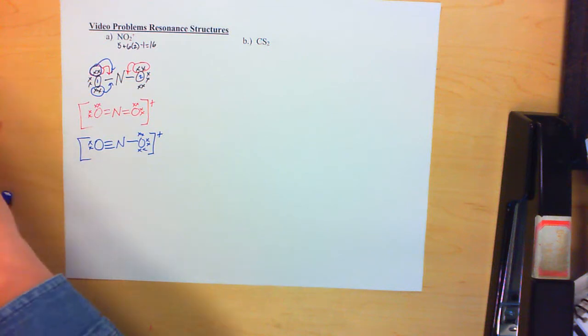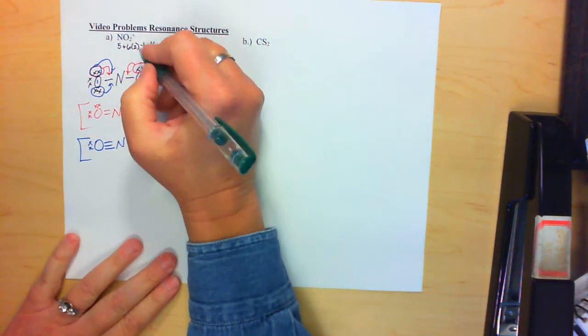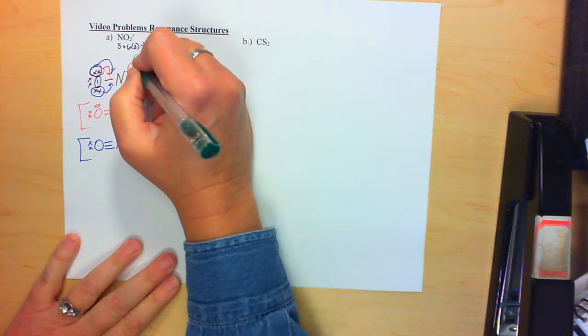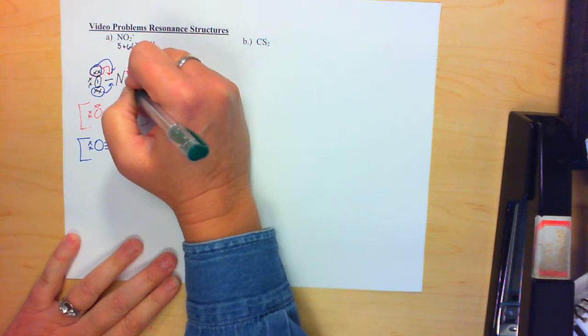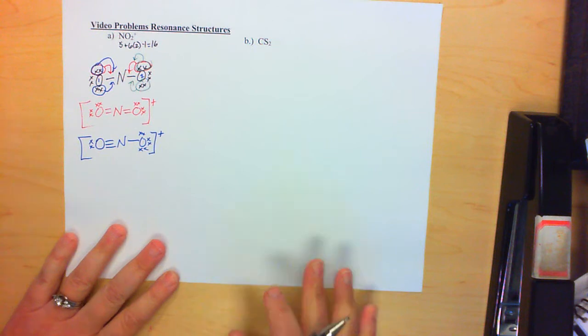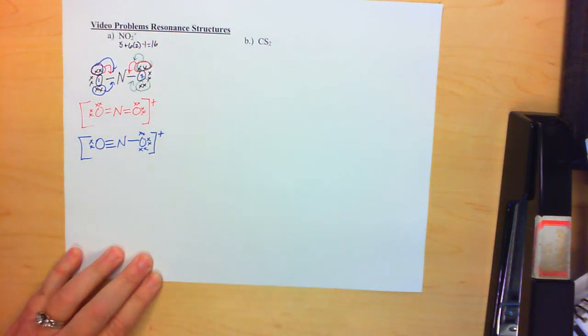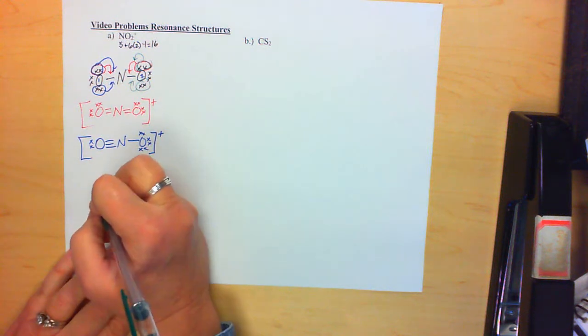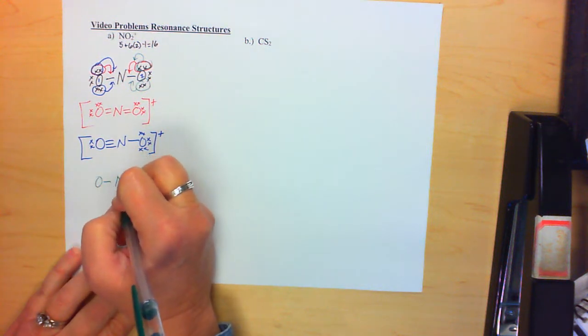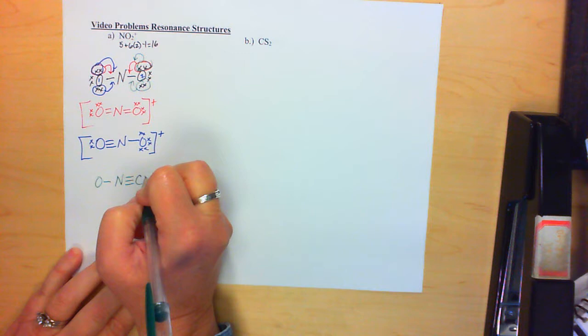Now, let me see if I can find my green pen. It doesn't match, but life is good. We can take the green and see the 2 electrons from each one. So now, instead of the triple bond being on oxygen 1, oxygen 2 is going to have the triple bond.